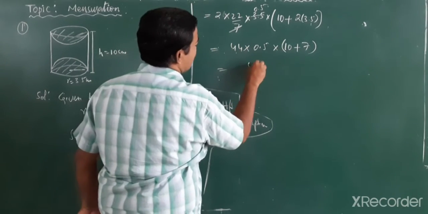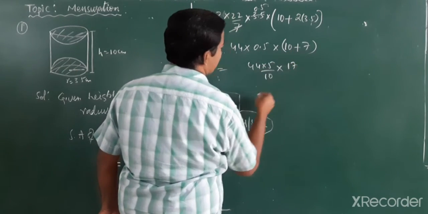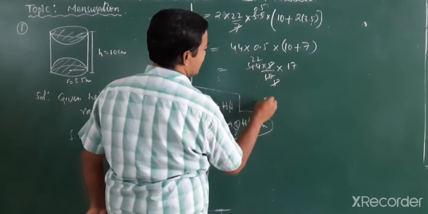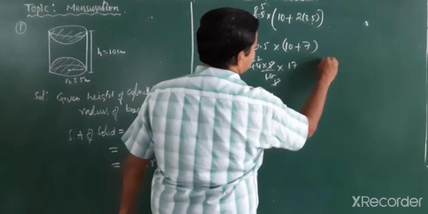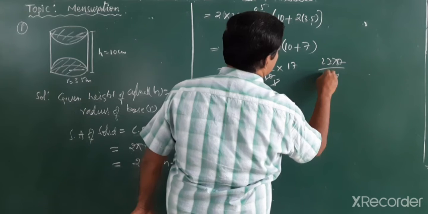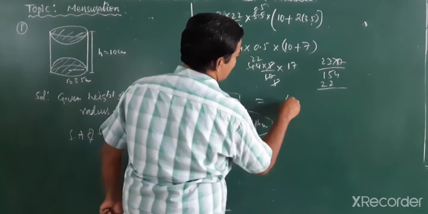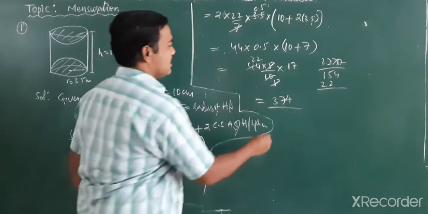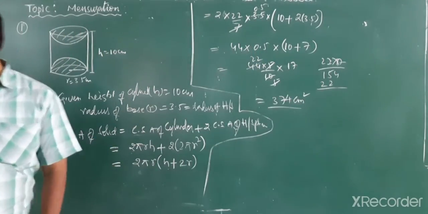Now 44 into 5 by 10 into 17. So 2 2s are 2, 2 5s are 5 will be cancelled. 22 into 17 is 374 centimeter square, the surface area of the solid.